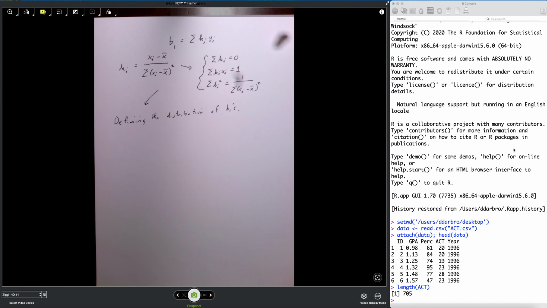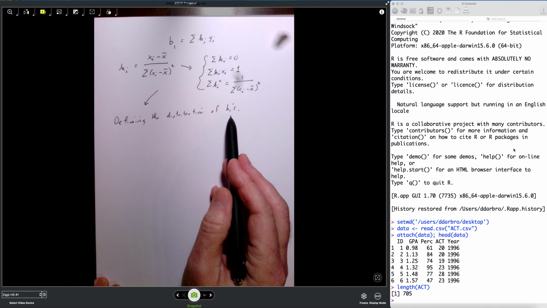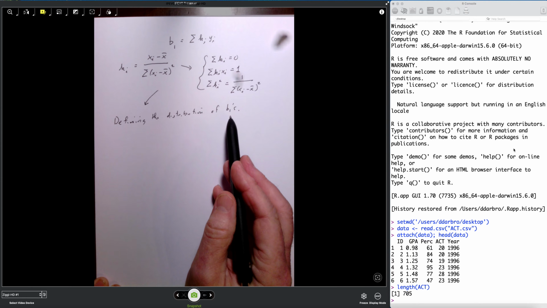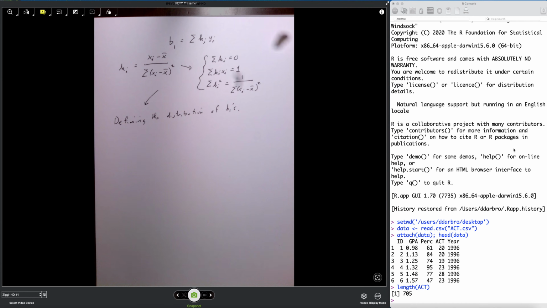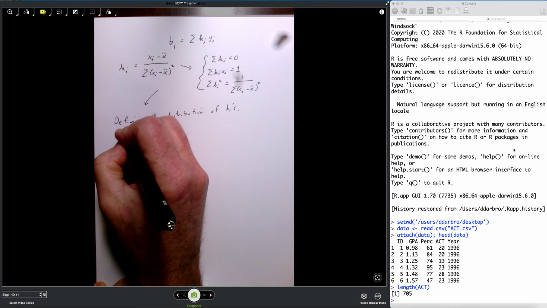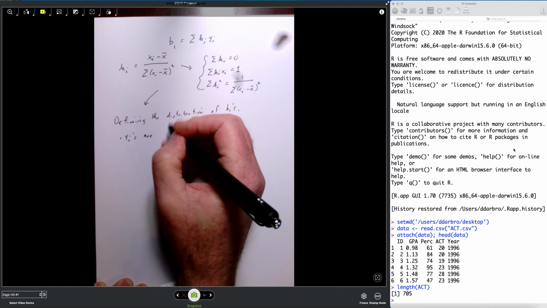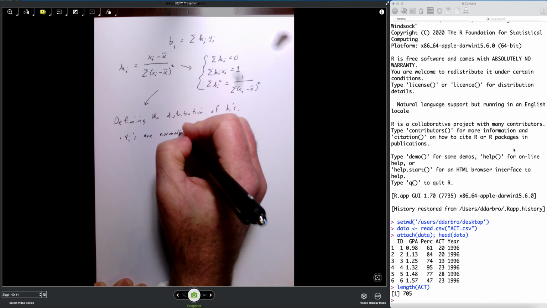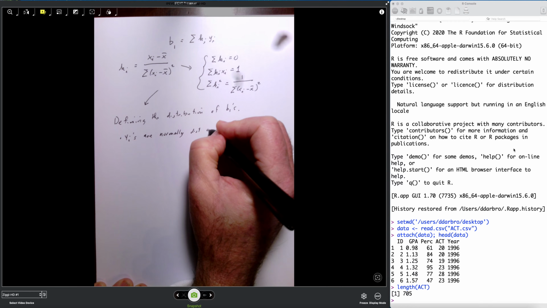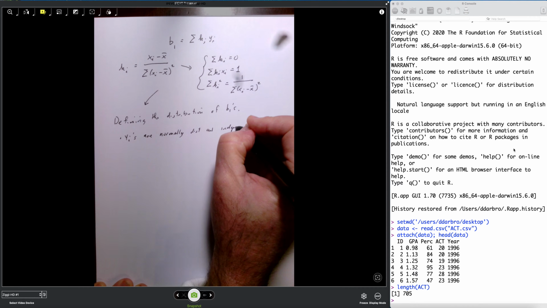If I can convince myself that the distribution of the b1s is normally distributed, then I just get tunnel vision on the expected value and the standard deviation. It works out nicely, because we know that the y sub i's are normally distributed and independent.